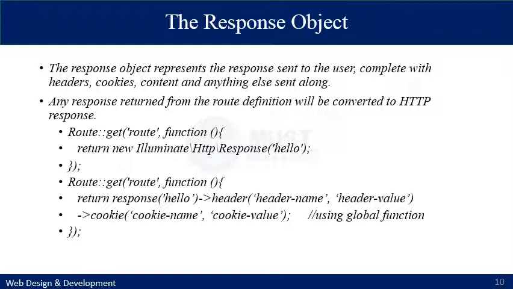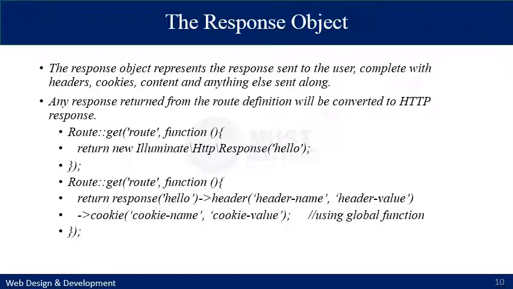When you are done with the request object, the next thing is to generate responses. PHP Laravel provides you a number of ways to create responses in different objects and in different mediums.